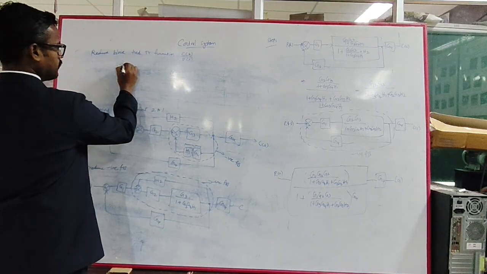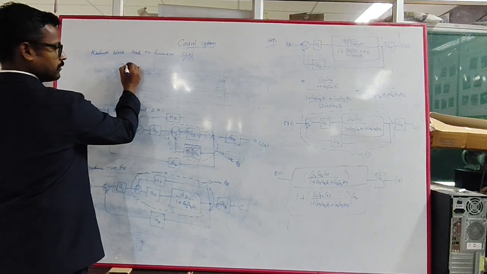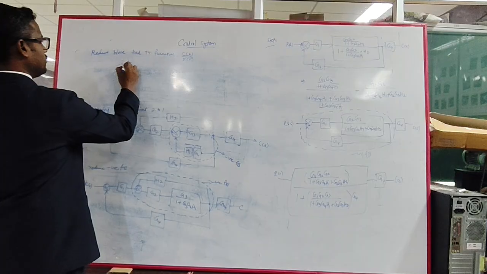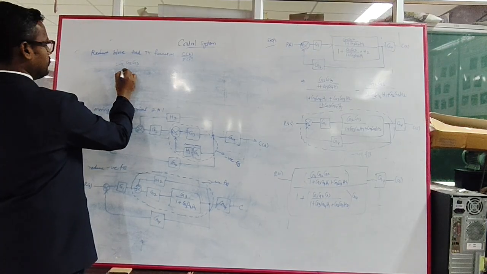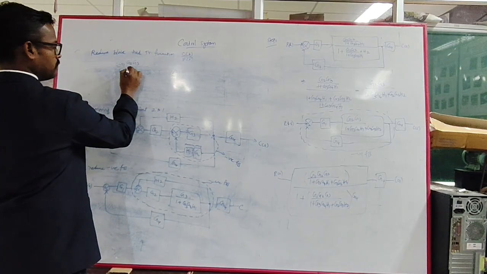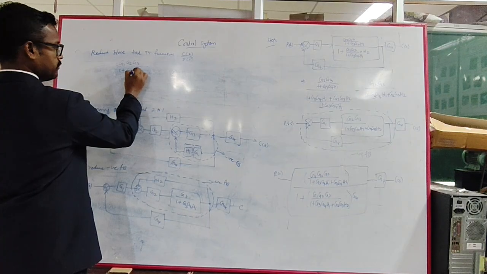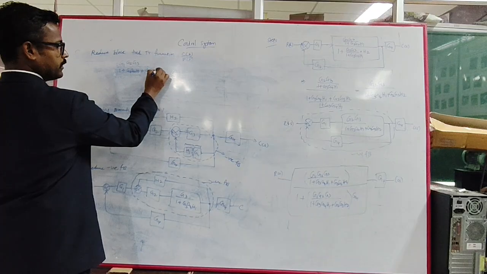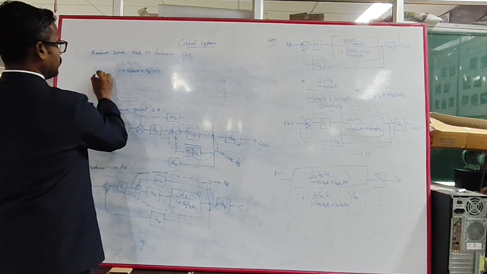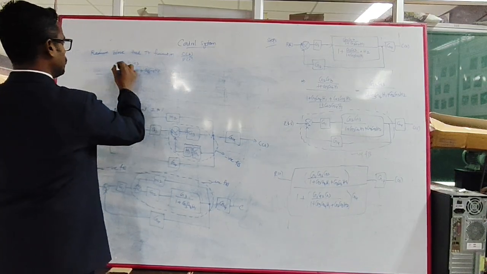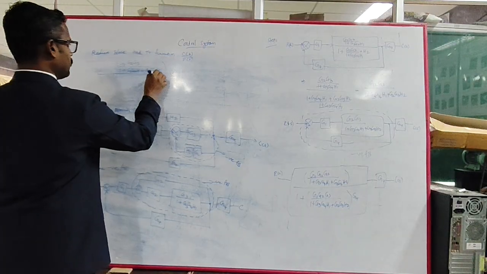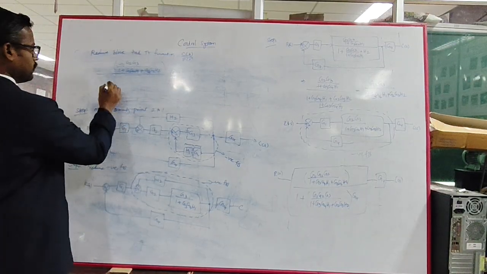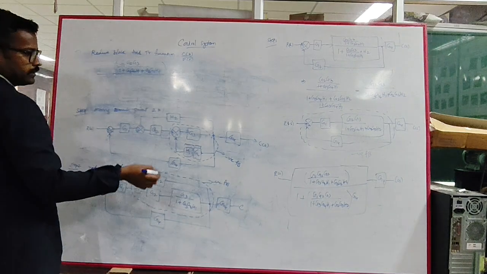So you can take the LCM. G1 G2 G3 divided by 1 plus G3 G4 H1 plus G2 G3 H2, the whole divided by 1 plus the other terms.